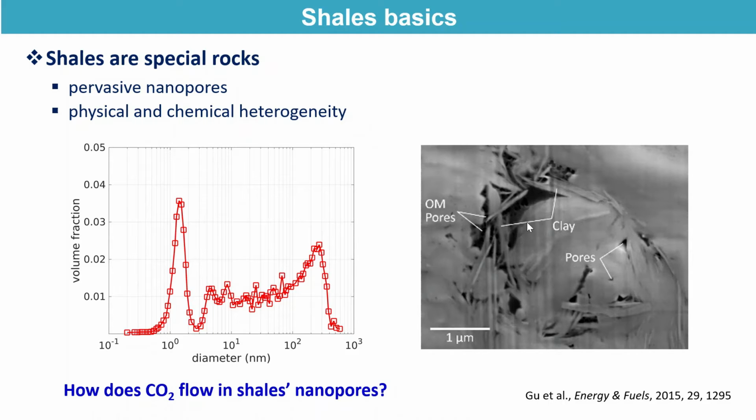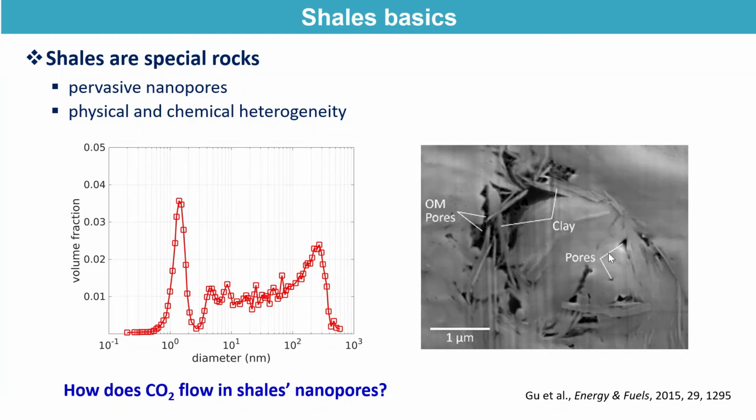These materials sometimes form pores, and the walls of the pores can be made of very different materials, and these pores can have different shapes and sizes. Overall, shales are really a multi-scale, heterogeneous porous media, and the size of these pores is sometimes comparable to the size of a single molecule.